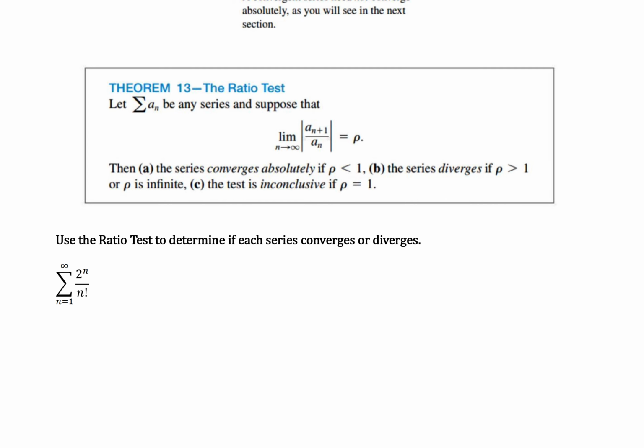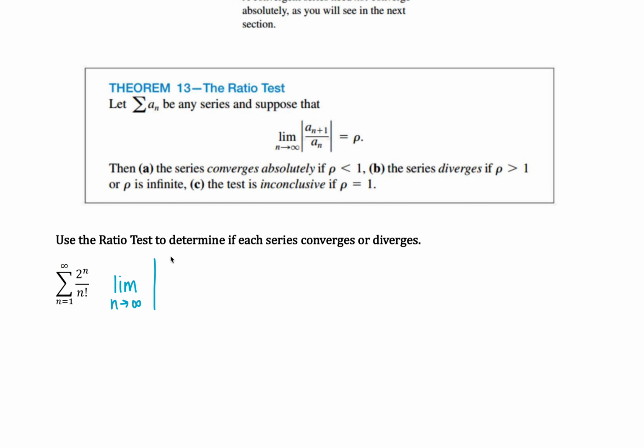The first one says use the ratio test to determine if each series converges or diverges. So we're given the series that sums from n equals 1 to infinity of 2 to the n over n factorial. So I'm going to look at the limit as n goes to infinity of the absolute value of the n plus first term over the nth term.